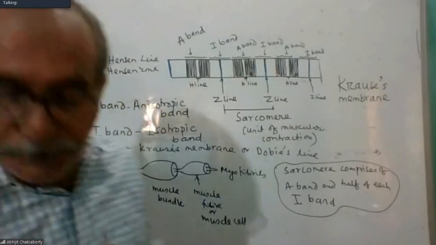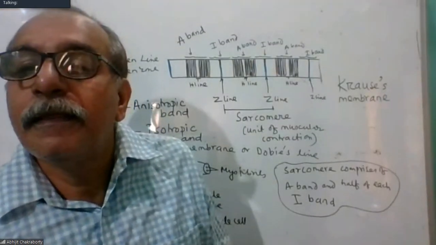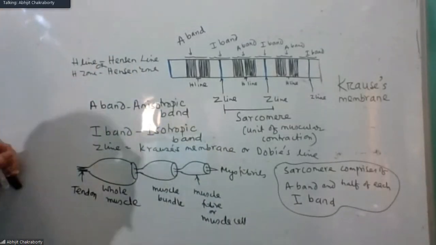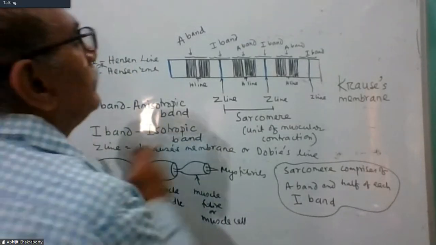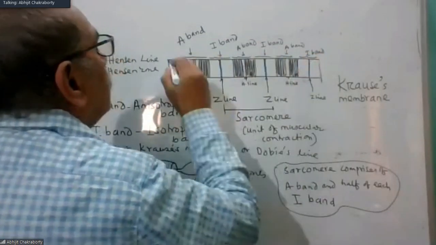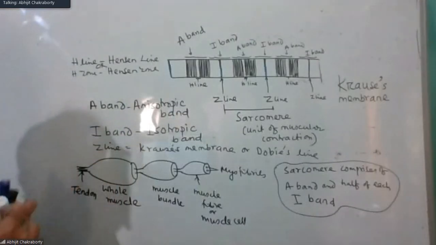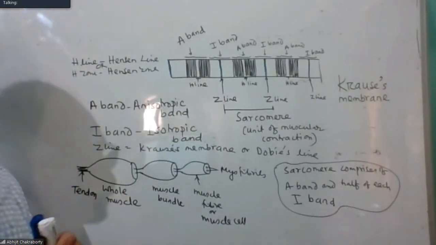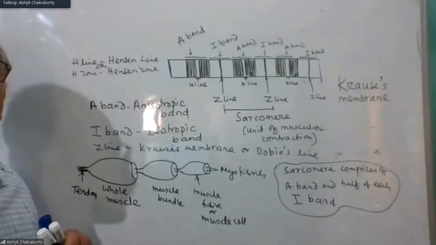Which one is the Krauss membrane? Krauss is the Z line. This membrane is called the Krauss membrane. You can also call it Dobbe's line.